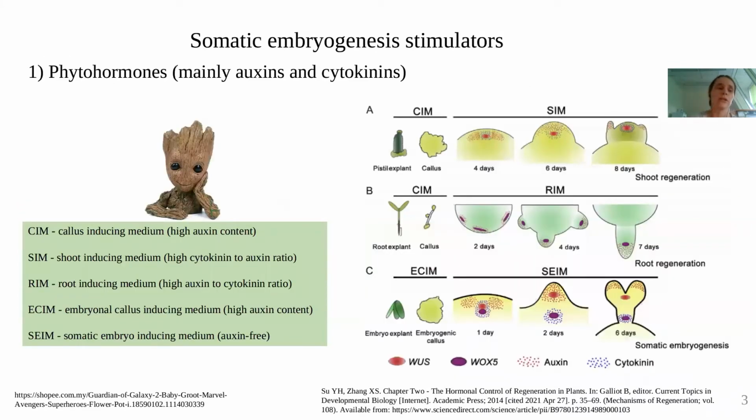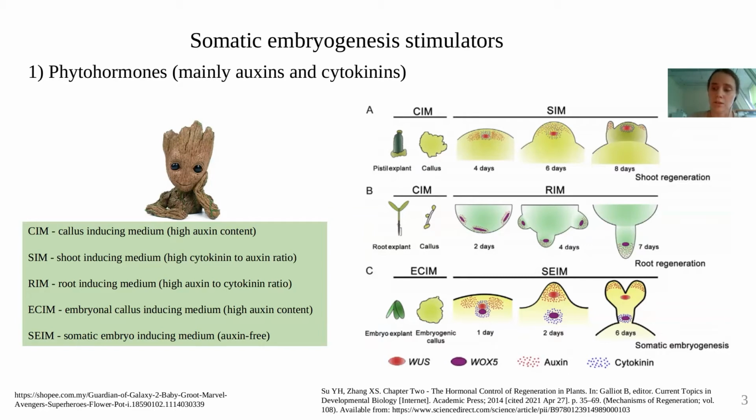So how can you stimulate somatic embryo development? The traditional way to do it is to use phytohormones, mainly auxins and cytokinins. Using this way, you take plant explants, for example leaf explants, and put them onto in vitro medium with different combinations of phytohormones.